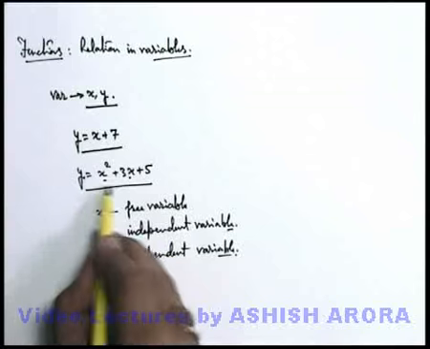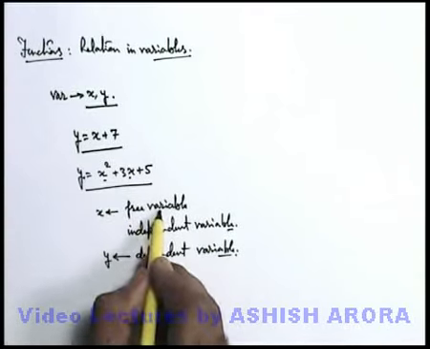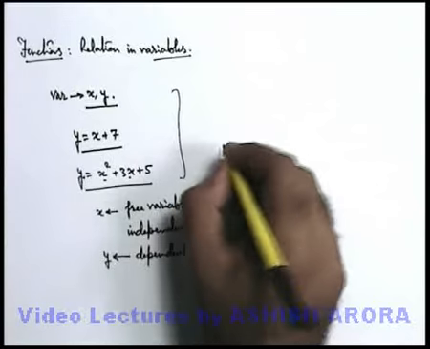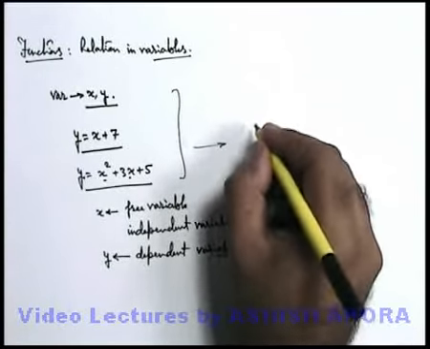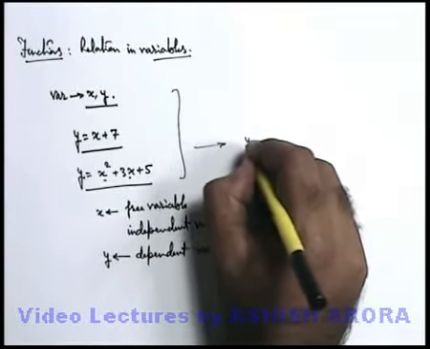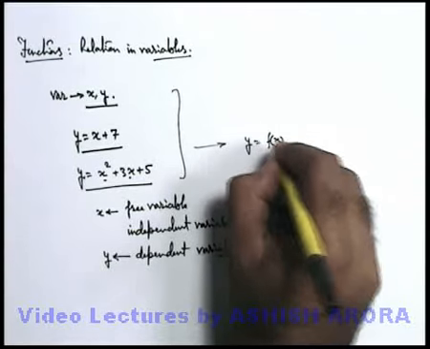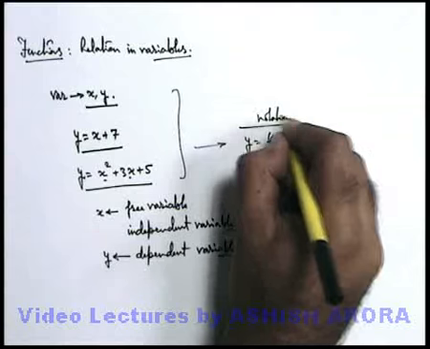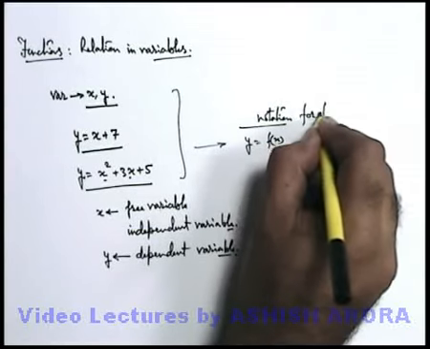Thus, an expression which relates a free variable and a dependent variable we call a function, and these functions are denoted by y is equal to f of x. This is just a notation for functions.